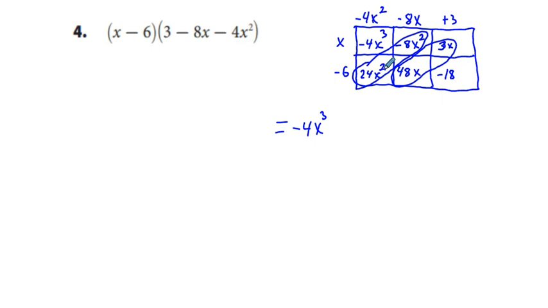Then we have 24x squared minus 8x squared, so it's going to be plus 16x squared. Then we have 48x plus 3x, which is going to be plus 51x. And finally, we have minus 18. So this is going to be our answer.